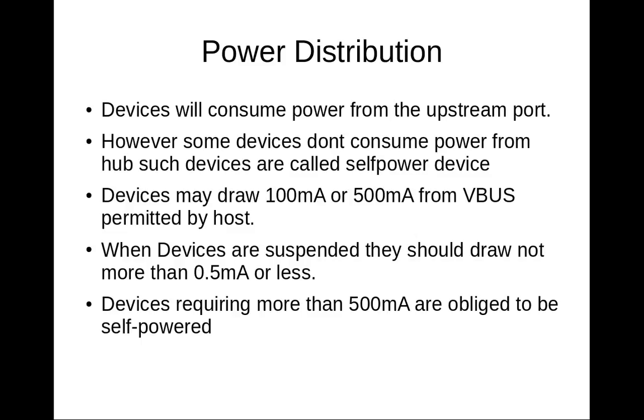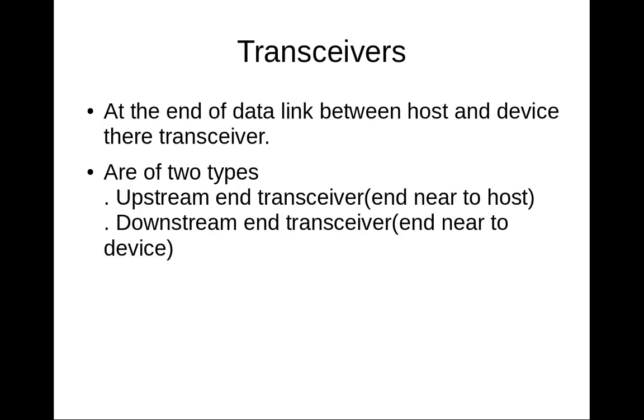Now when you're not doing anything, it cannot take more than 5 milliamperes or less. It will be more nice. As I told you, devices requiring more than 500 are obliged to be self-powered. That means it has to take the power by initiating some signals.